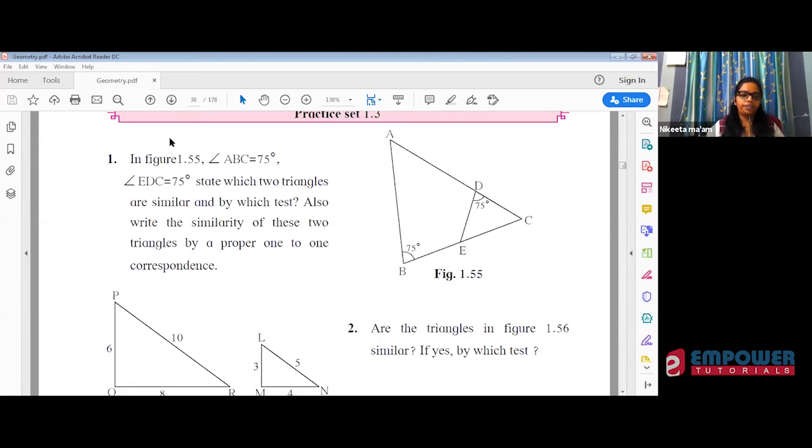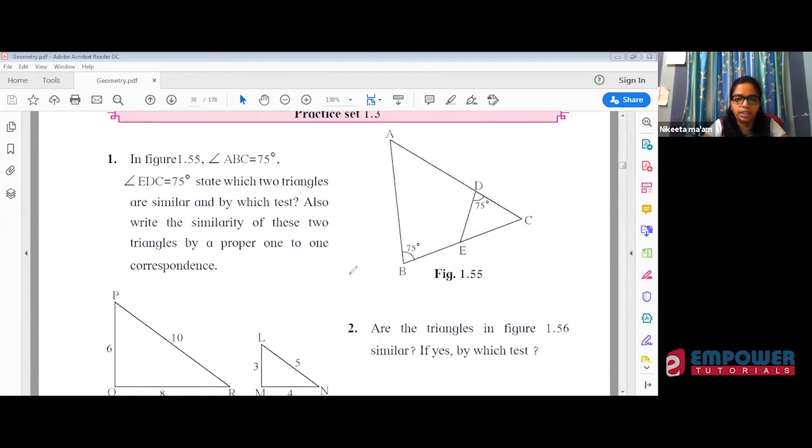So they have given us that this angle is congruent to this angle. So in this case, when you have two triangles one inside the other, you will draw this on the other side.